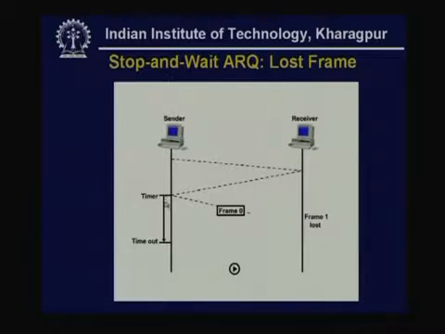We can see there is a timer which times out, and after the timeout is reached, the same frame is retransmitted. So, frame 0 is again retransmitted. I have shown it only in this case, but it happens for all the cases.